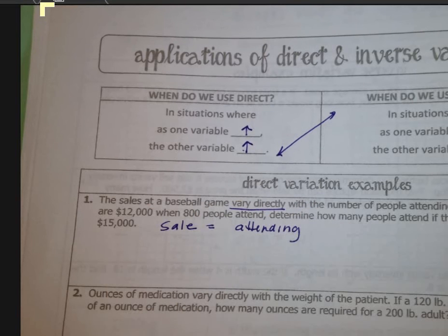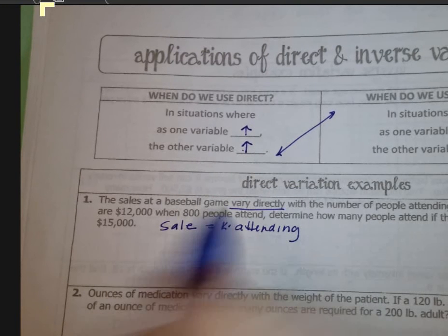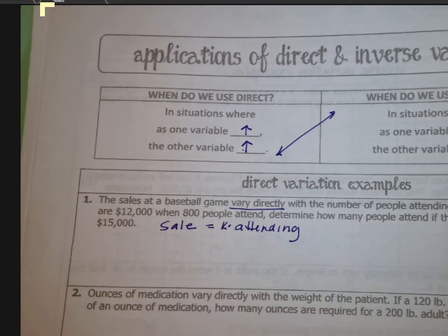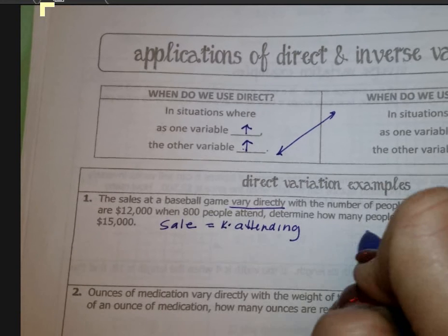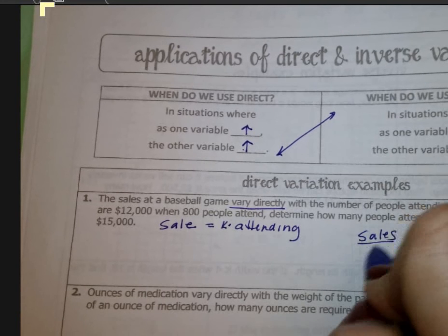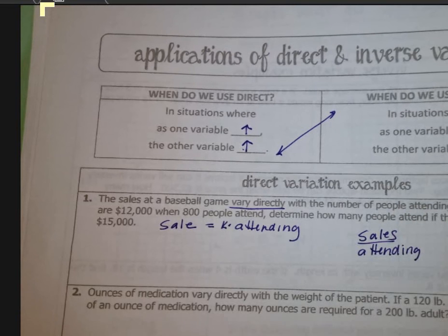So with that, and what they were talking about in the video, that would be the K. The K would be times the number of people attending. Or if you think about it, when you solve for K, it's just the sales to the attending, which is the same thing you did back when you did proportions last year.